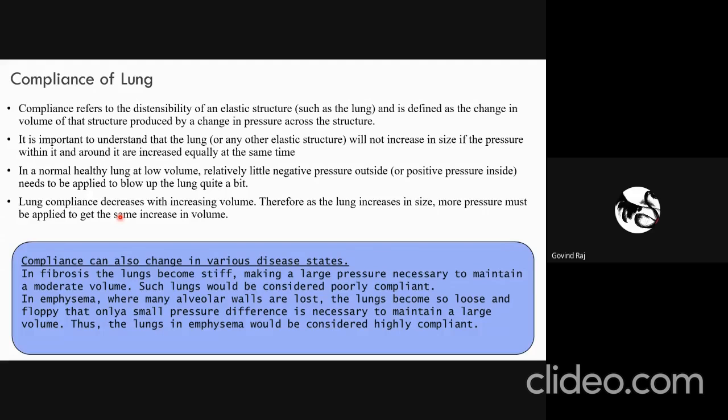You apply the same amount of pressure to each one. If we apply a unit force to the small one, it will give a particular amount of change in the volume. But if you apply the same amount to the much bigger volume, then compared to the smaller one, the volume change will be small.